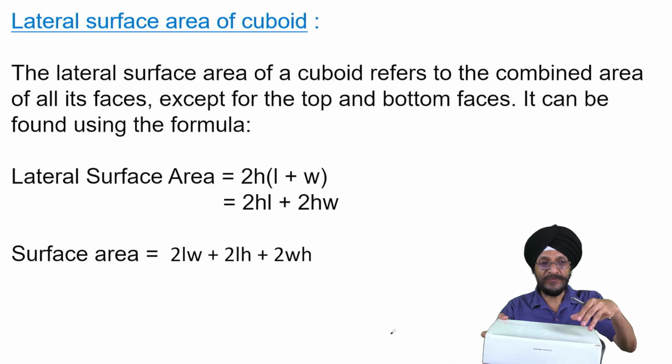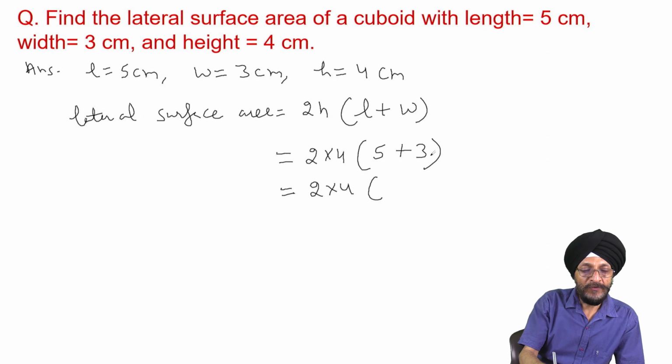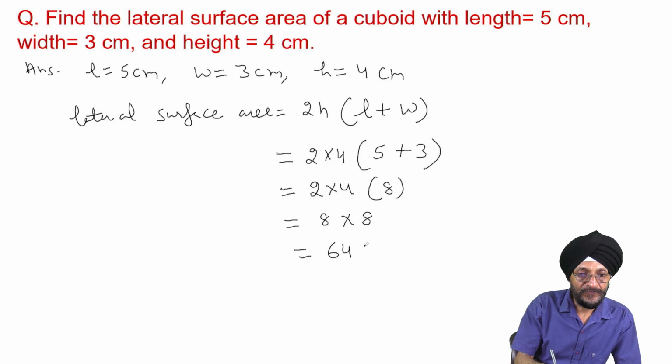What was the height given in the question? It was 4. What is the value of length? It is 5. What is the value of width? It is 3. We will solve it first. 8 multiplied by 8, it will come 64 square centimeter.